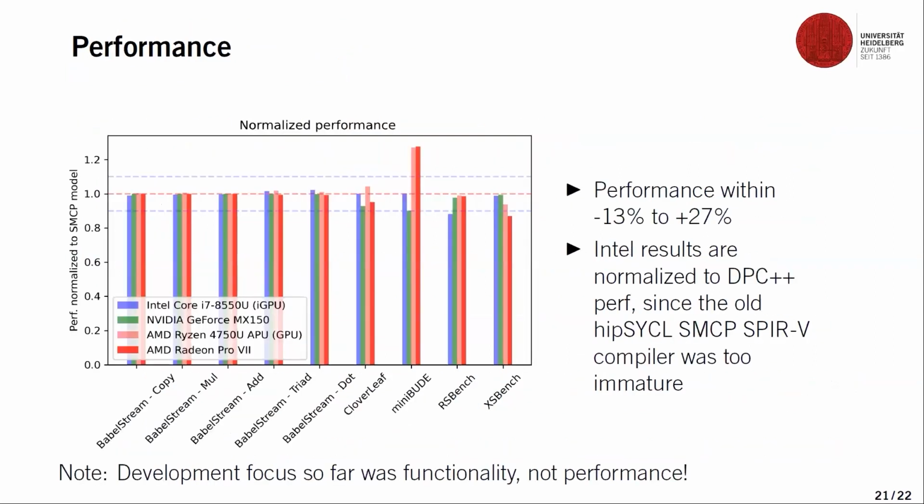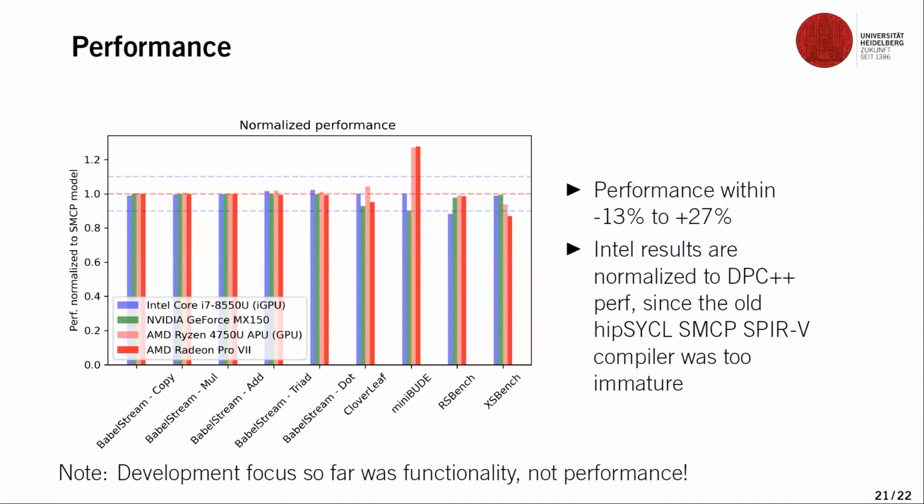So now let's look at performance. And what you see here is the performance for the various benchmarks. And I've normalized the performance results to our old SMCP-based compiler, except for the Intel case, where our old SMCP compiler was actually not mature enough to run most of these benchmarks, which means that our new compiler is already more mature for Intel than what we had previously.